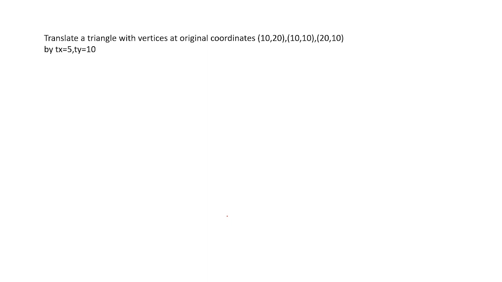So can you solve this numerical? Let us solve this. First we'll do one by one, right? So first coordinate is 10, 20. So we'll calculate the translation of that vertex. One by one we'll solve.